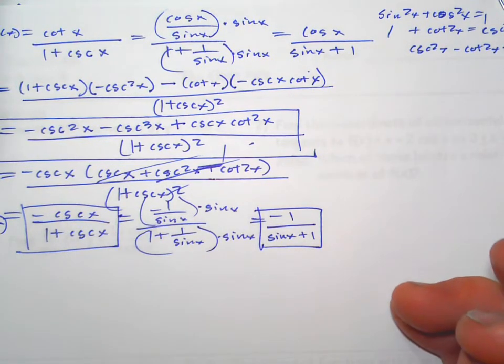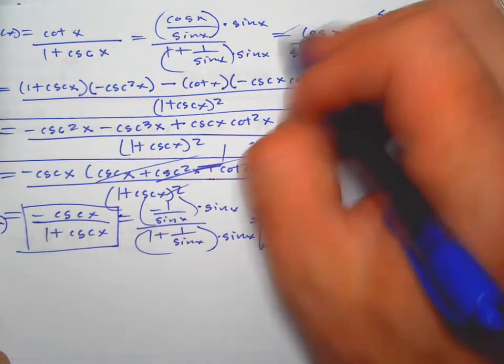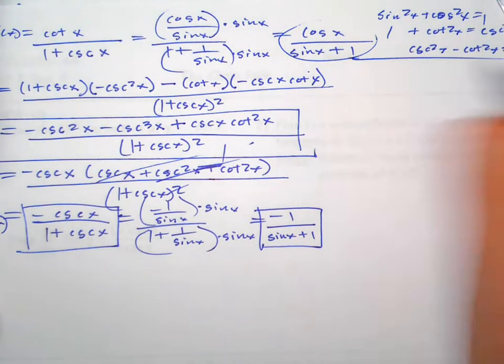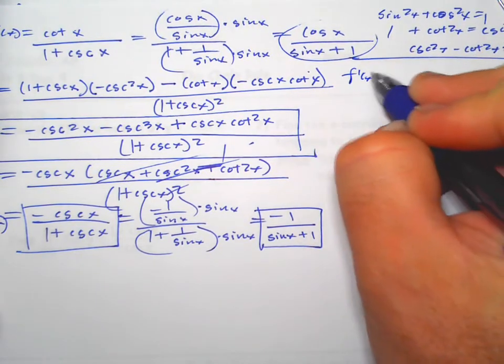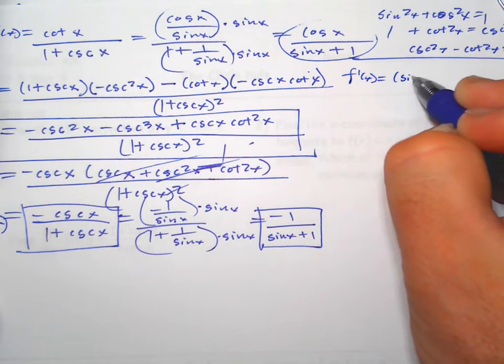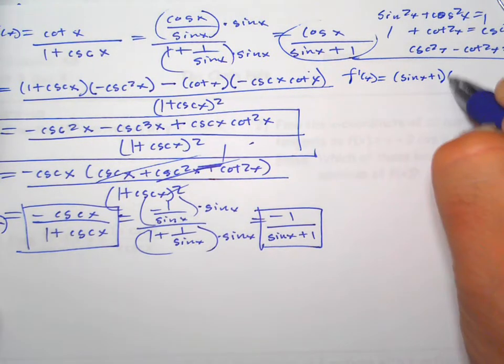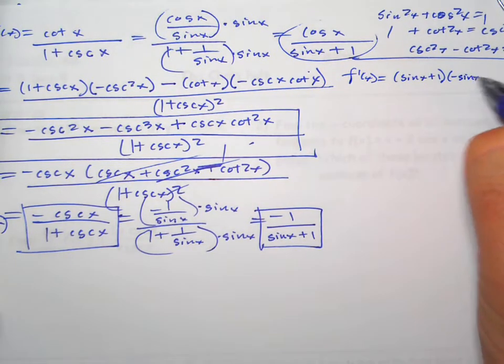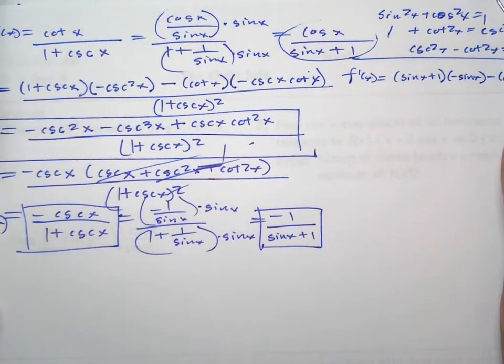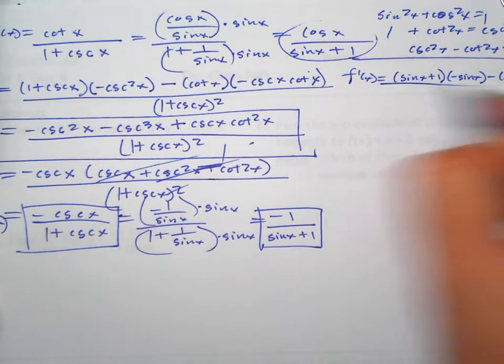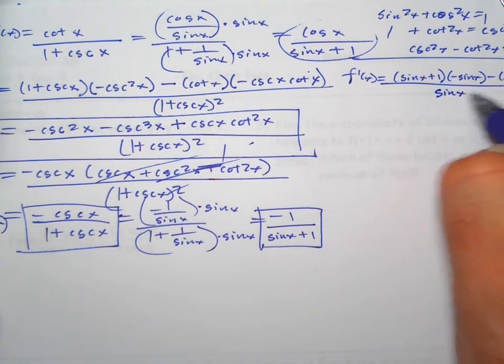Now, if you try to do it this way, then f prime of x would equal low d high minus high d low, all over low squared.